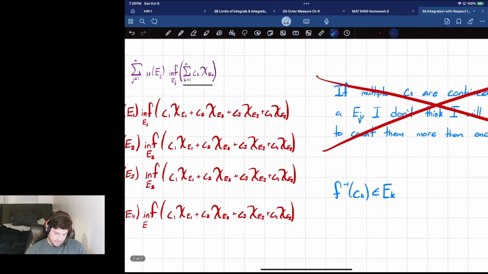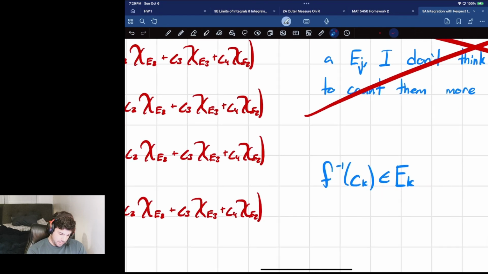It has to be true that F inverse of C. Actually, I should not write this like this. I should write it like this.